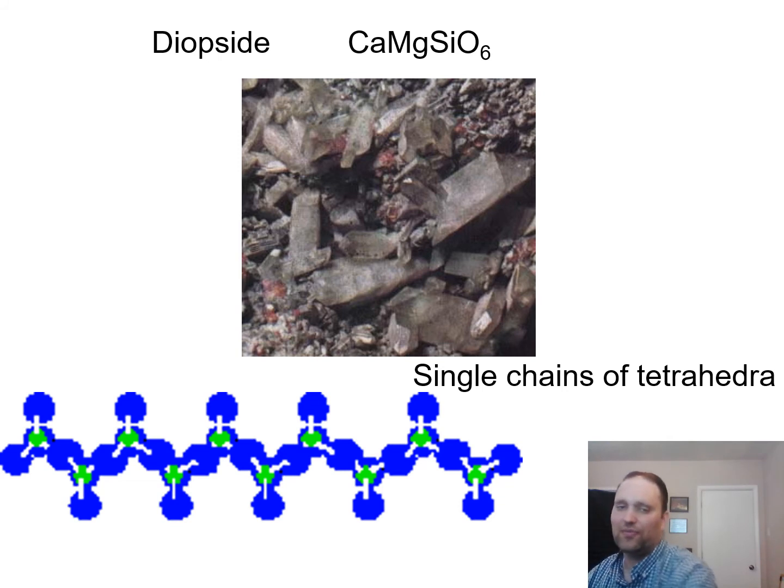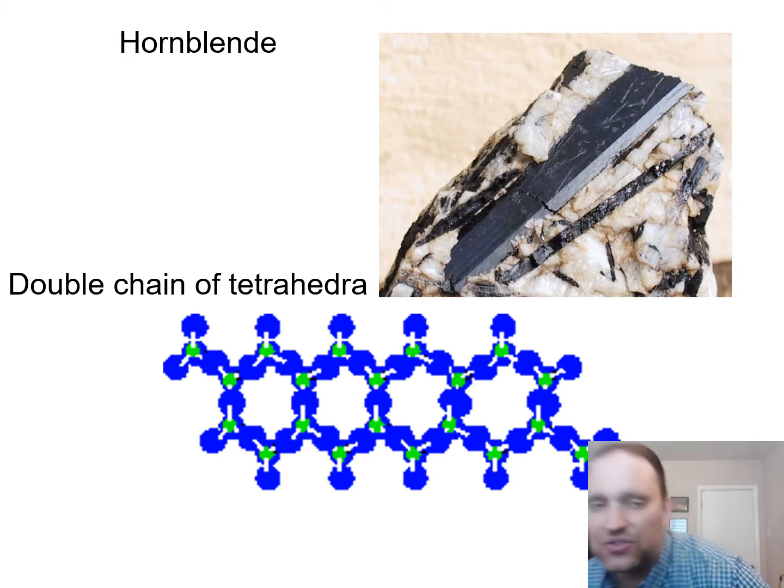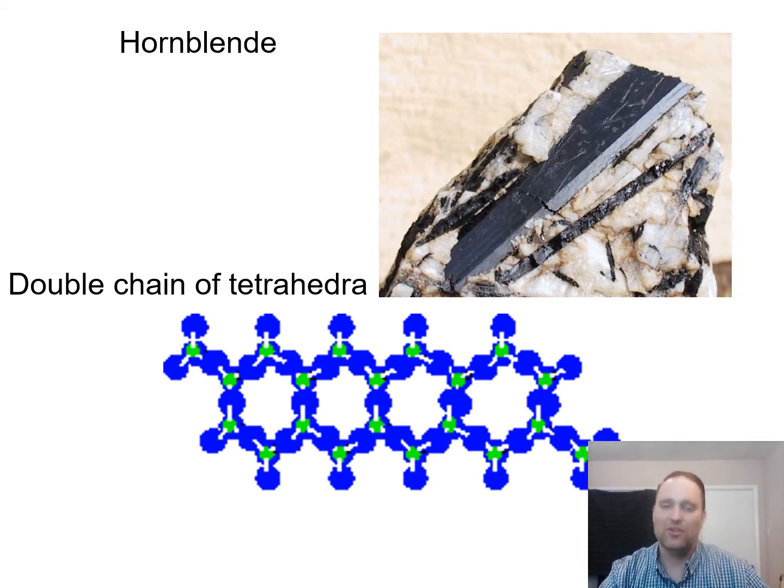So you go from that to something a little more complex. You go from a single chain to what we call a double chain. Hornblende, which is one of the amphiboles, is an example of one of these double chain silicates. And again, remember you have the pyroxenes like diopside and so forth that have the single chains.